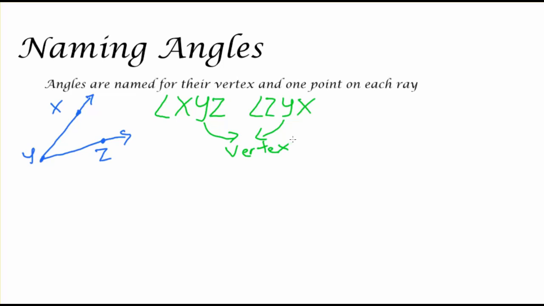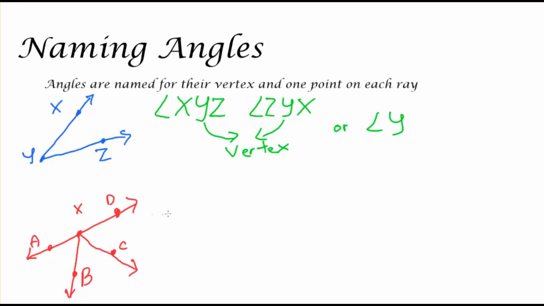The Y is the vertex of this angle, so regardless of whether the X or the Z comes first, the Y must be in the middle. In this case, I could simply name this angle angle Y, because Y is the only angle that vertex has.